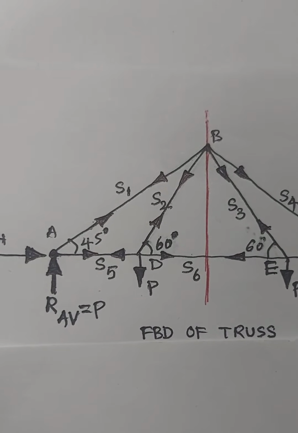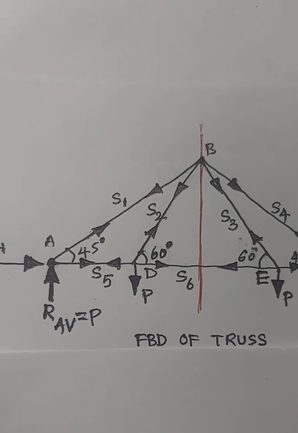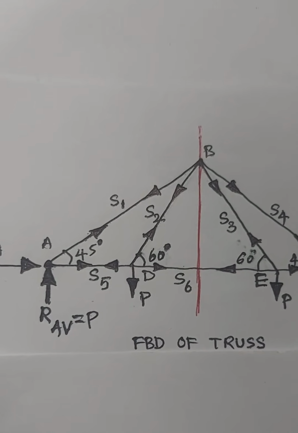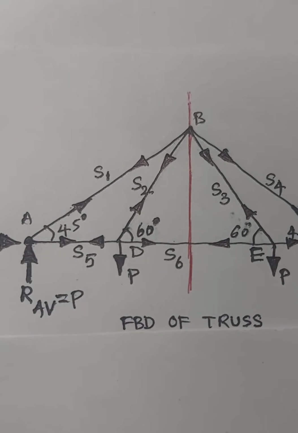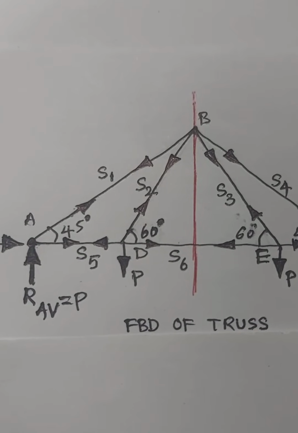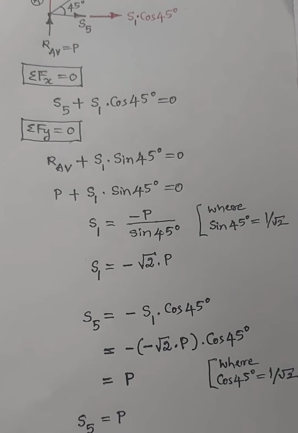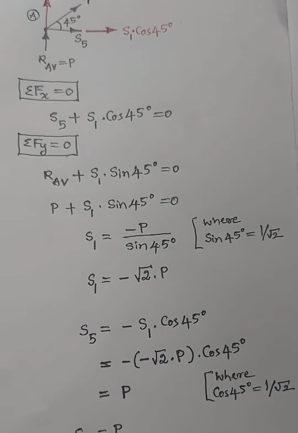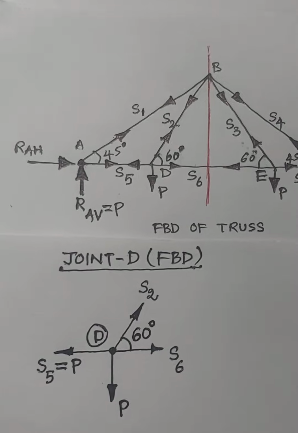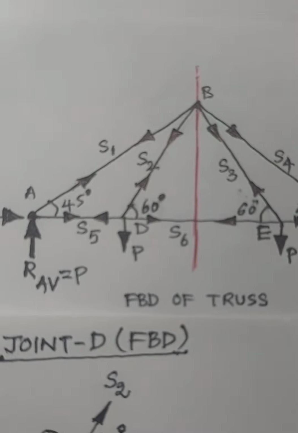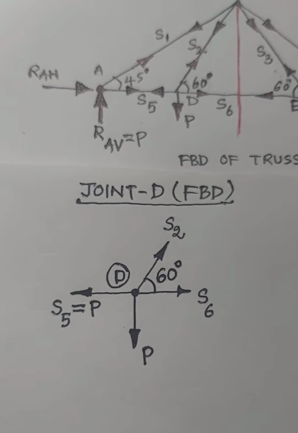Considering the free body diagram of joint D, apply the equilibrium equations along x direction and y direction to find the unknown axial forces S2 and S6 in terms of the known forces P and S5. In the previous derivation, considering the free body diagram of joint A, we estimated S5 as P. In the free body diagram of joint D, four forces are acting.